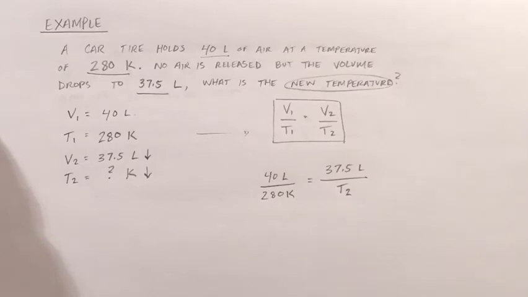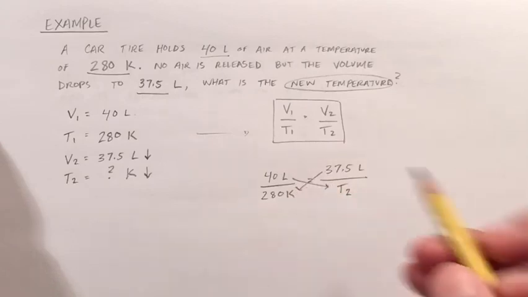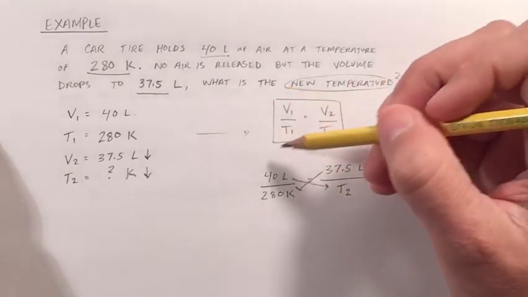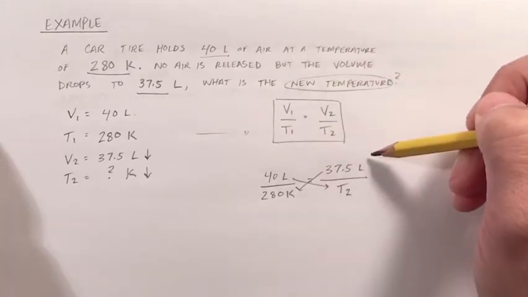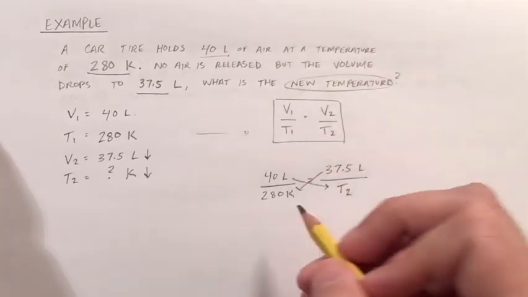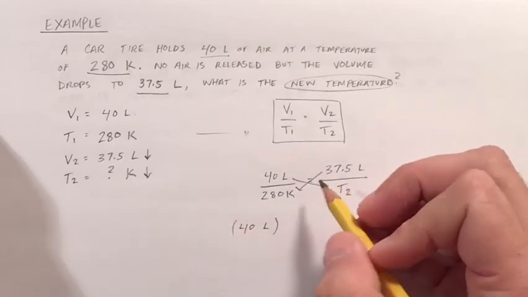A little bit different from Boyle's law here, because we're going to have to cross multiply. So when we cross multiply, the top of the left side gets multiplied by the bottom of the right. The top of the right gets multiplied by the bottom of the left. Make sure you pull your units through all of this.